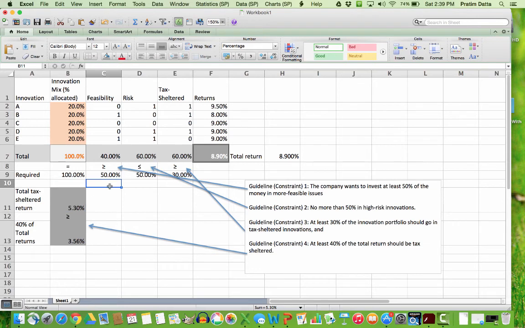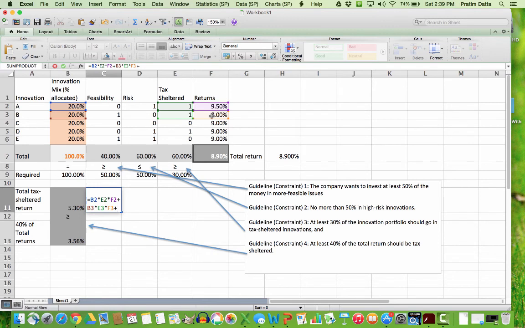All we do therefore is equal to this one times whether it's tax sheltered, right, times this plus this times this plus this times this. These are the only tax sheltered ones, right? Click OK. So it tells you it's 0.053, which is exactly the same as 5.3%.